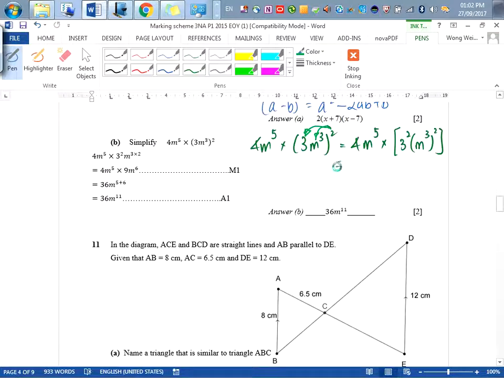Then I expand. This gives me 4m to the power of 5 times 9m to the power of 6.